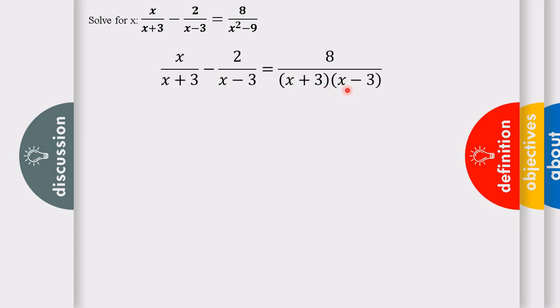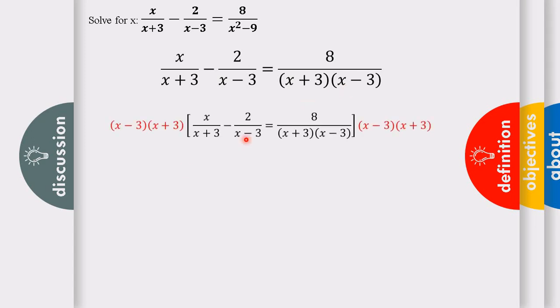Then, multiply to the rational equation. So we have now x minus 3 times x plus 3 multiplied to the rational equation. Multiplying to the first rational expression, x over x plus 3, cancel or eliminate x plus 3 from both numerator and denominator.